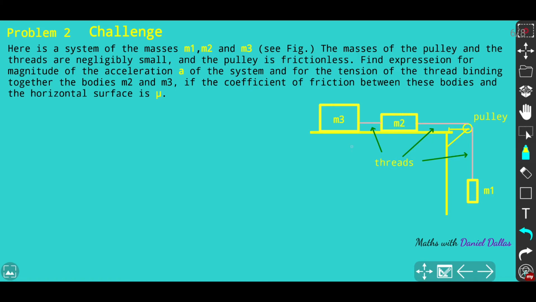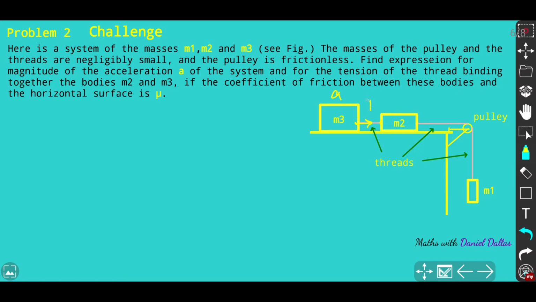Because we know acceleration A, we can complete an equation for either M2 or M3. Let's complete it for M3 because it would be much more convenient. Let the tension be T2.